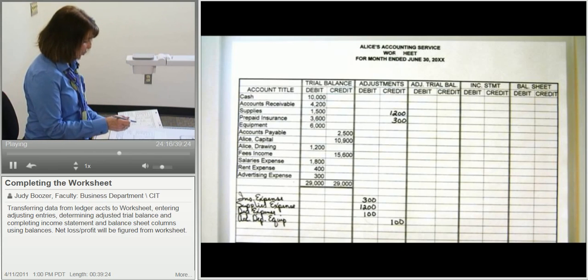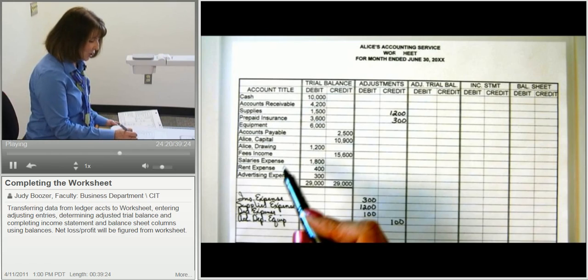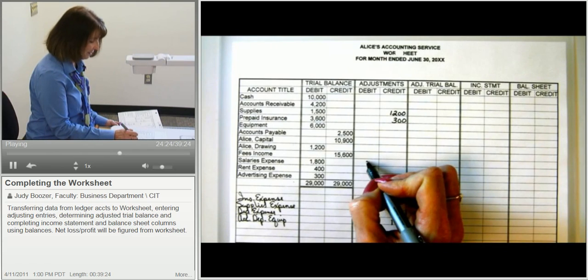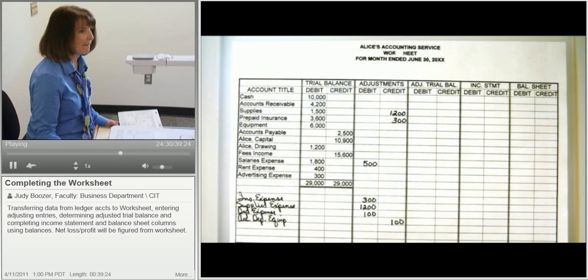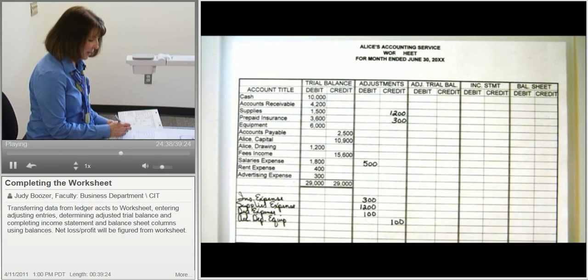Okay, do we see a salaries expense up here? All right. So across from salaries expense, you're going to put in 500. And what's the credit for this adjustment? Okay, probably not accounts payable, but something called? Good. Salaries payable.